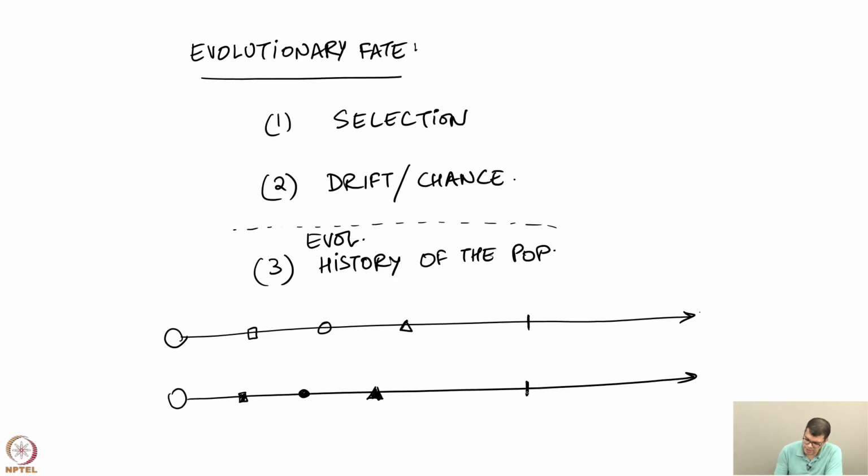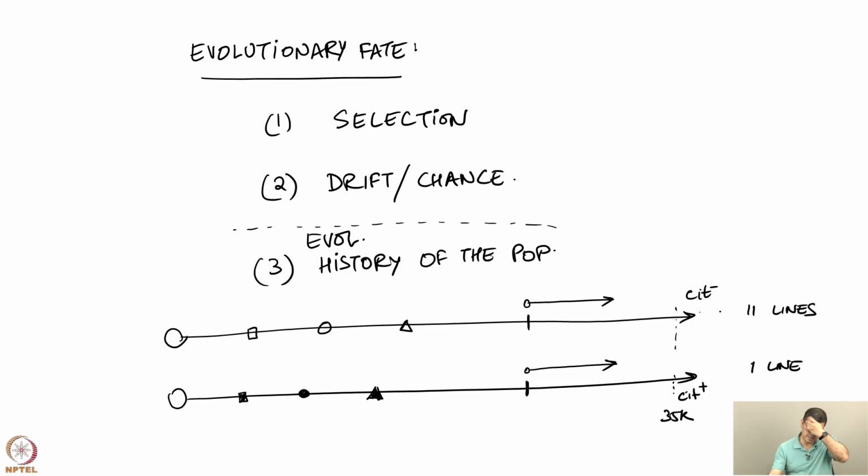So, at this point, when I do this re-evolution experiment from the freezer stock, at this point this is Cit minus, these are the 11 lines, this is the one line, let us say this is 35,000 generations, this is Cit plus and this is Cit minus.